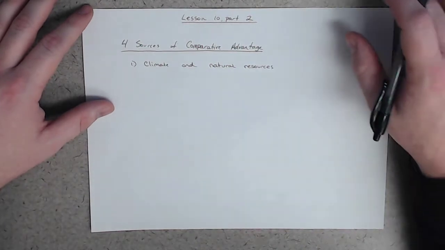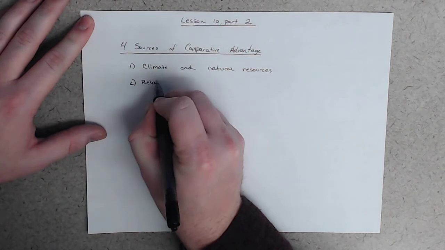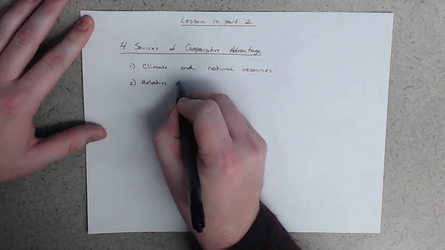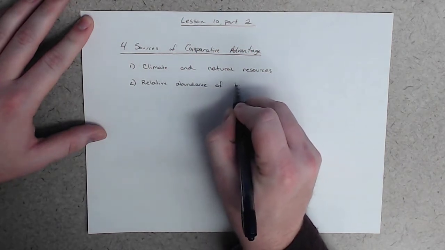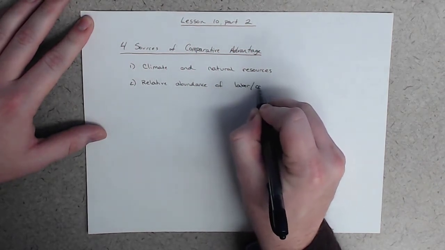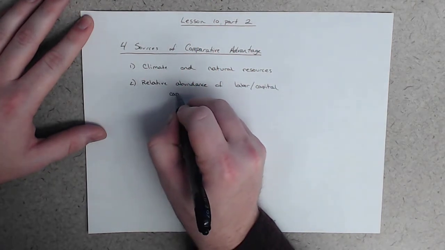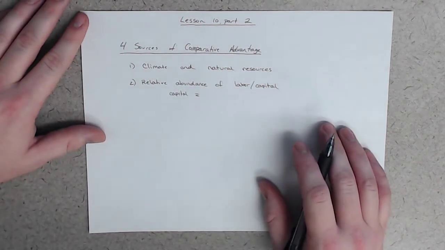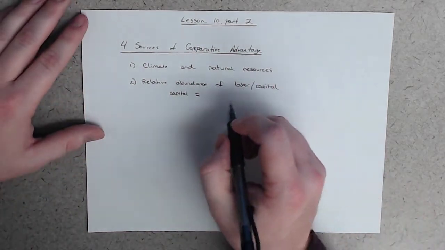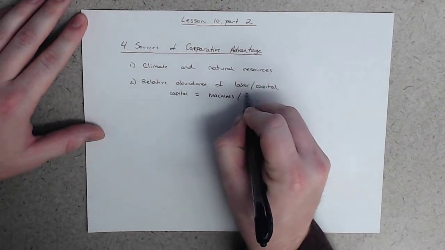Okay. The second one is the relative abundance of labor or capital, where capital is essentially, and this isn't totally true, so other people may disagree, capital is essentially machines or factories.